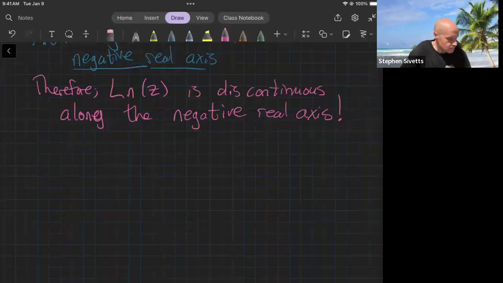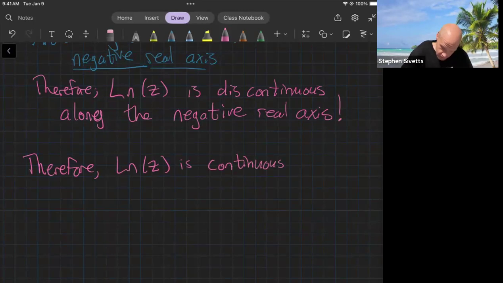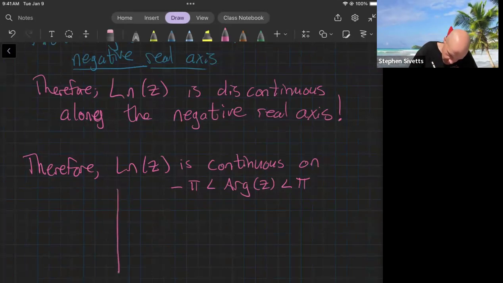So the natural log of z is continuous on the domain where we just don't include the negative real axis, right?